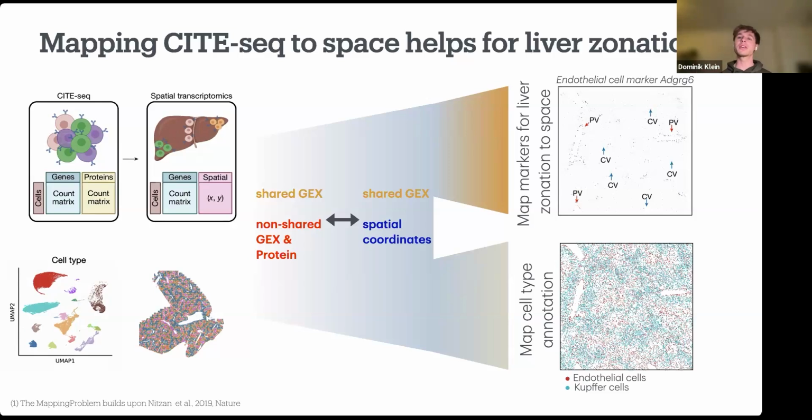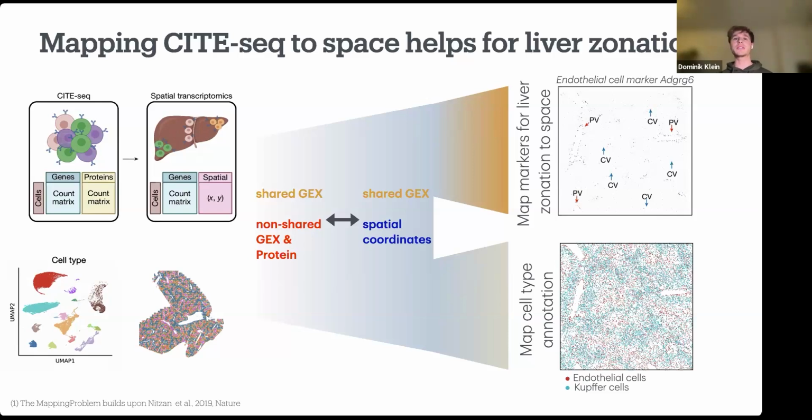Obviously, there are batch effects and everything, but still we can compare it, while we want everything which is close in the non-shared gene expression space and close in protein space at the same time to be very closely related, or be matched to something which is also close in space.